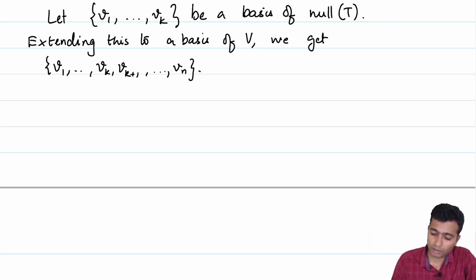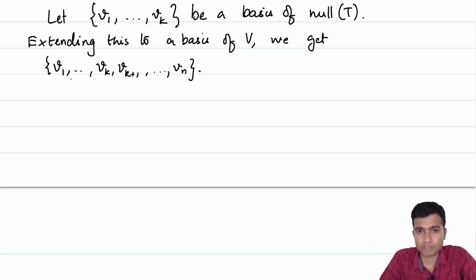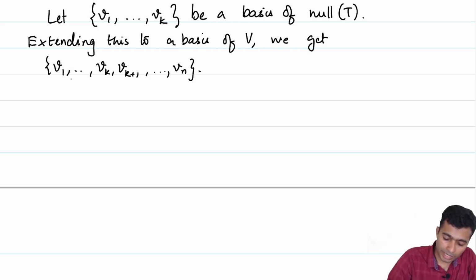Now, if you look at Tv1, it is 0, and Tv2 up to Tvk, each of them is 0. So my claim is, okay, so what do we have to check? We know that the nullity of T is equal to K. Let's recall our goal so that we have a clear idea what to prove.